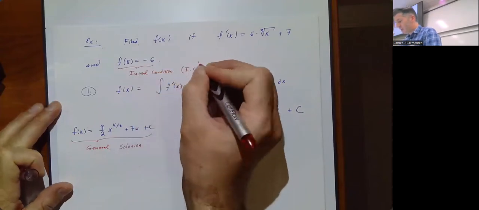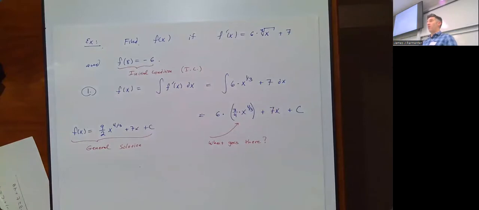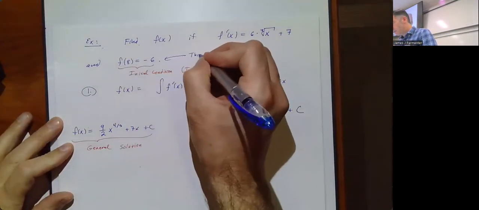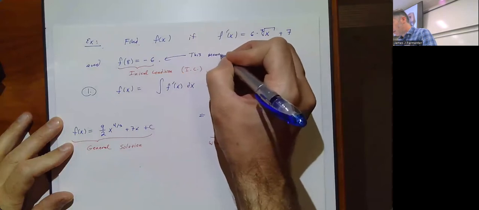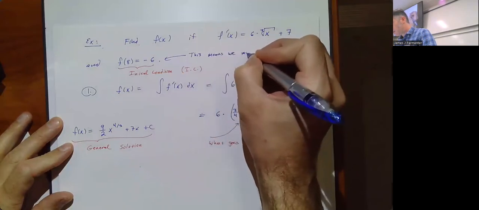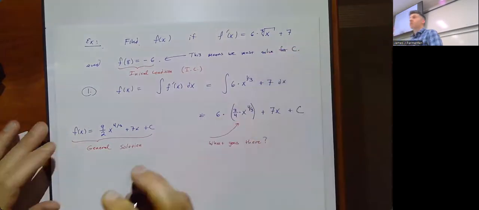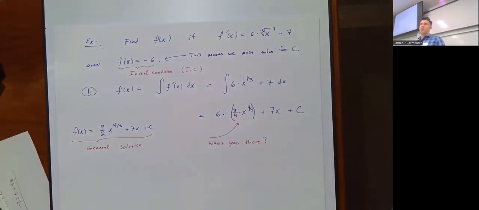If you see find an antiderivative and they also told you f of something equals something, that means we have to solve for the constant c. Whenever you see an initial condition like that, you should be like, oh, I'm going to find an antiderivative, there's going to be a plus c, and then I'm going to have to plug that in to figure out what the c value is.